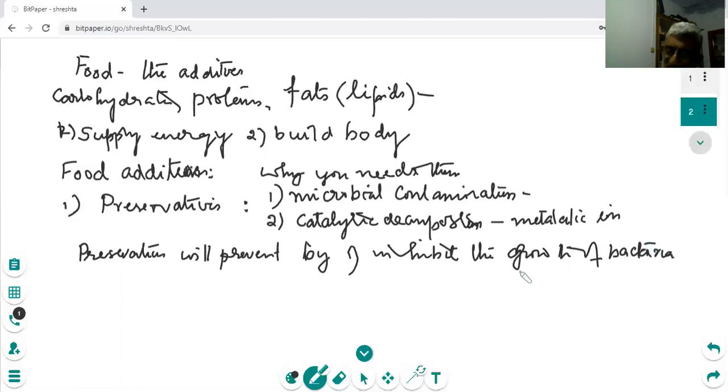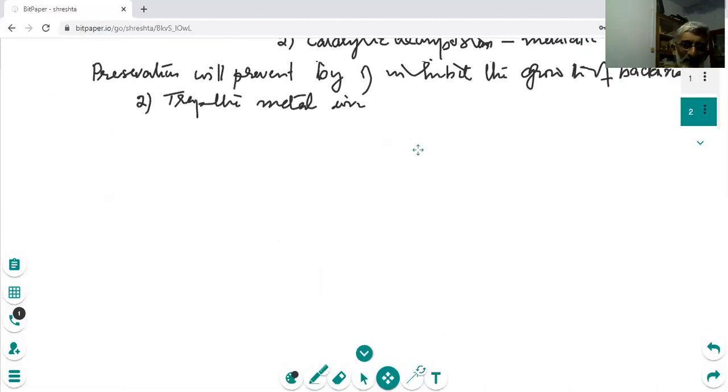So you should know this. Number one, that is one thing. Second one, they can trap the metal ions. So these are the two mechanisms by which these substances will act as preservatives.